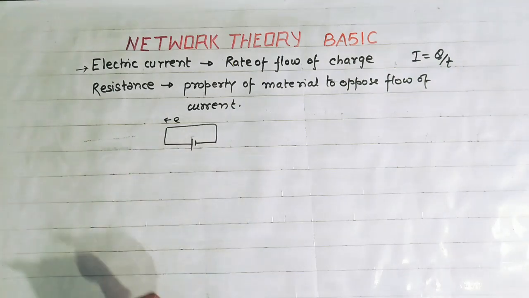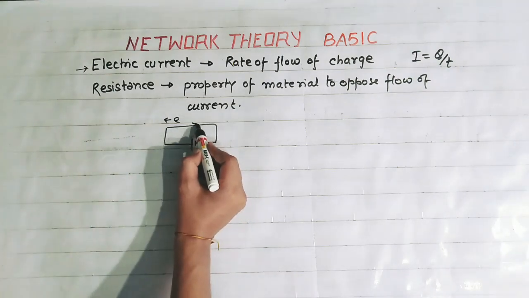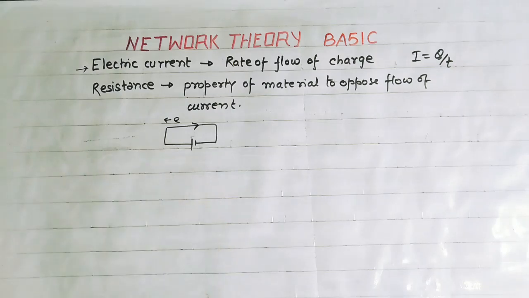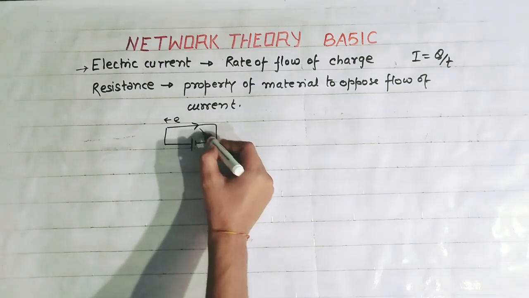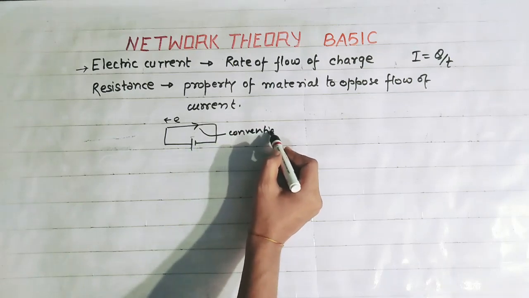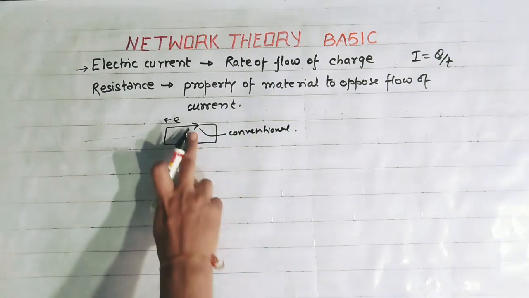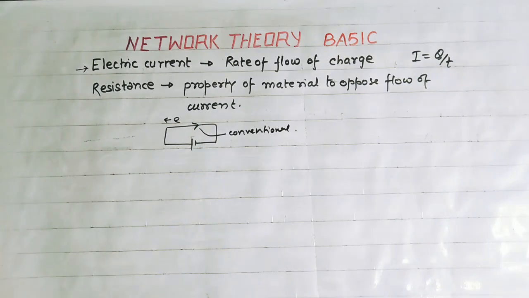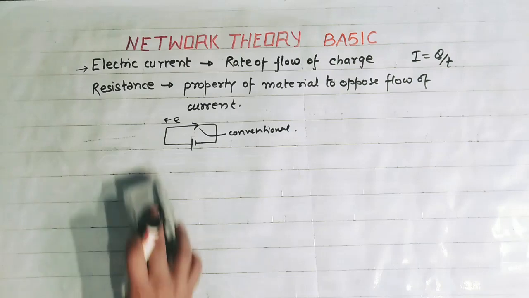Whenever you see a circuit and the direction of current is shown in the circuit like this, it means it is the conventional direction, and the actual flow of electrons is opposite to this direction. So while solving the circuit, we will take the conventional direction of current.